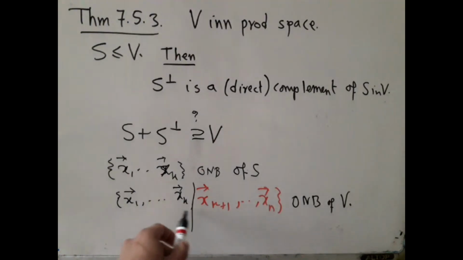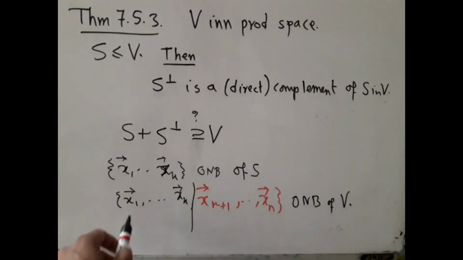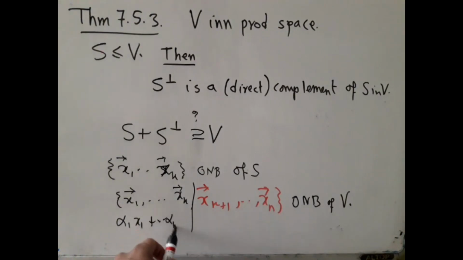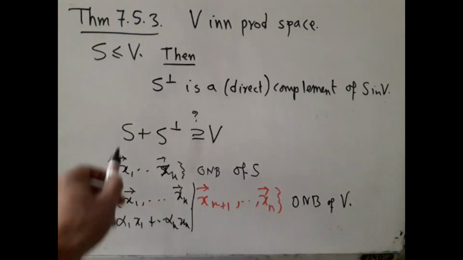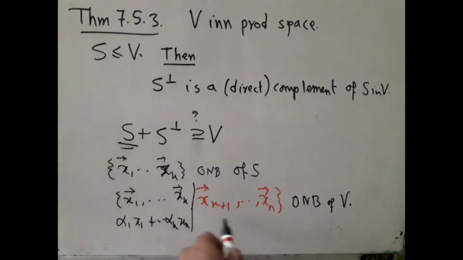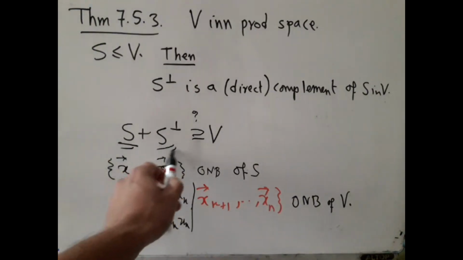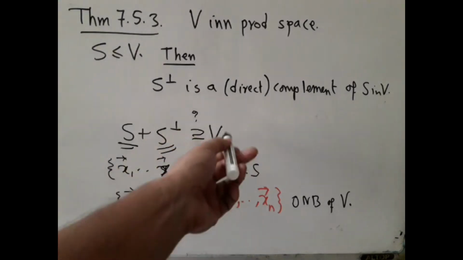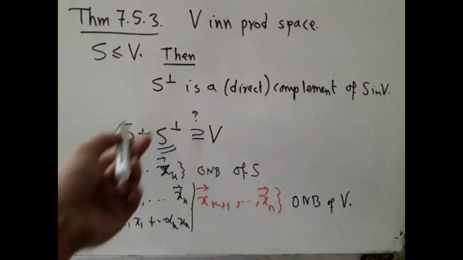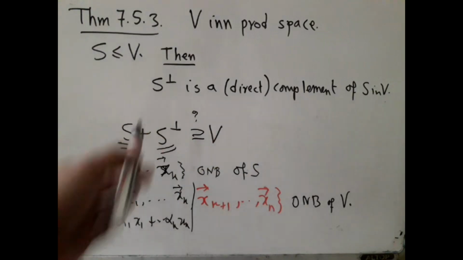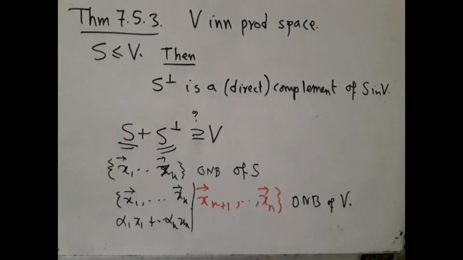The part alpha 1 x1 to alpha k xk is in S, and the remaining part is in S perp. So I have split up any vector in V into two parts, one in S and the other in S perp. So that condition is satisfied.